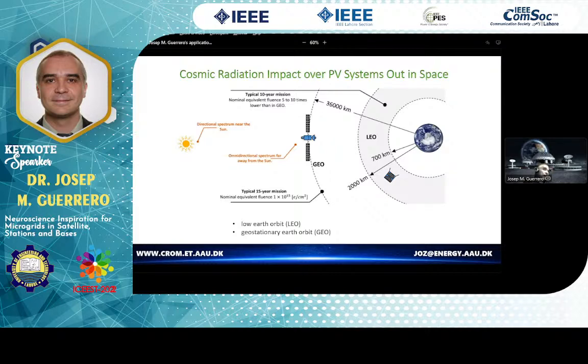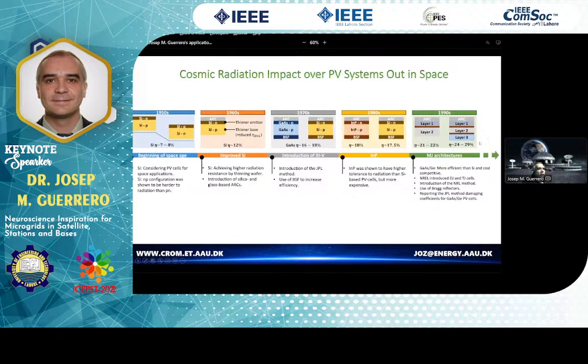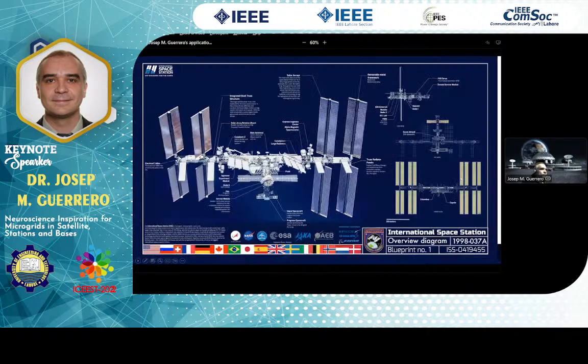So this is a lot, and this of course impacts the efficiency of the solar cells and probably battery systems. So we have been studying this, and it's really dropping down the efficiency. So we have to see what are the next, let's say, possible technologies for that.